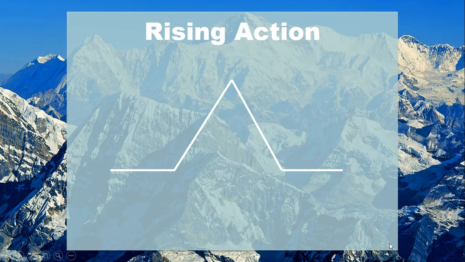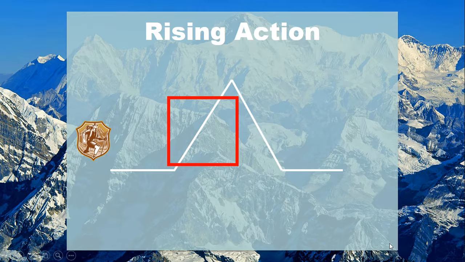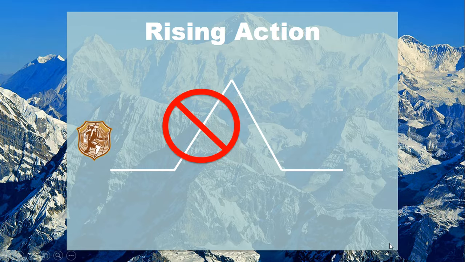The next step in the plot diagram, the second step, is called rising action. If you've ever been shown a picture of the plot diagram, it could have been shown to you like this: a triangle with a line coming off either side. The problem with this is it doesn't accurately show how rising action is important to our story and adds a lot to it.